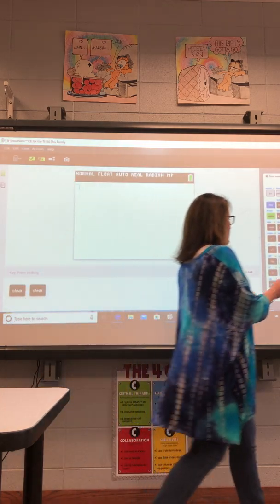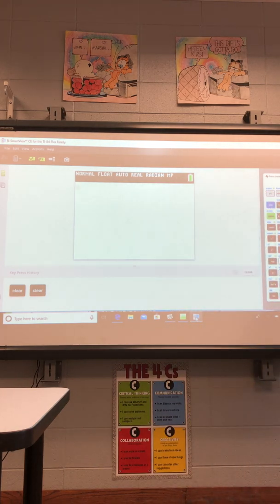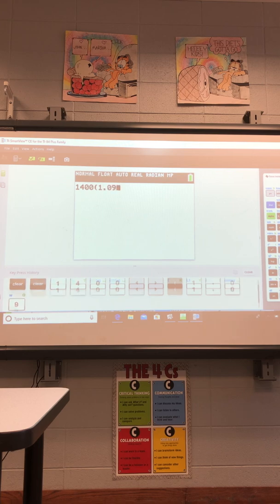The first thing that we had was our initial amount, which was $1,400. And then we put our parenthesis here, 1.09, that's my 1 plus 0.09 inside the parenthesis. And then I'm going to raise it up to the 25th power.